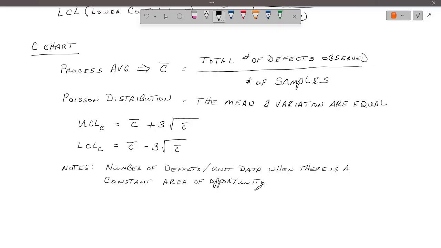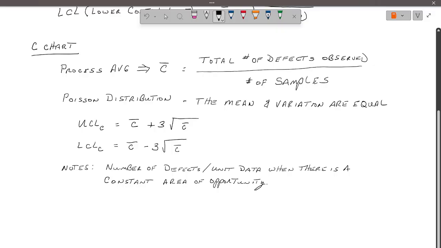Number of defects divided by the unit data, that there is a constant area of opportunity. So think of it like this. I got a car assembly plant, and I'm watching the number of cars that come off the plant, but it's one particular line. It's not like I'm watching 7 lines. If it's a construction project, it's one set of apartment buildings that are going up, not the entire 150 apartment buildings.